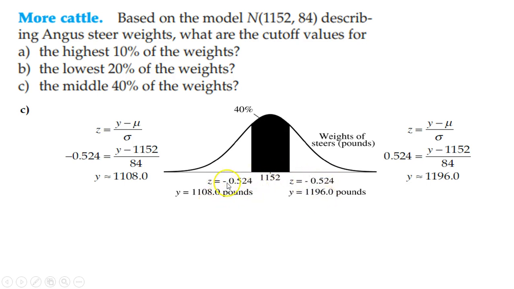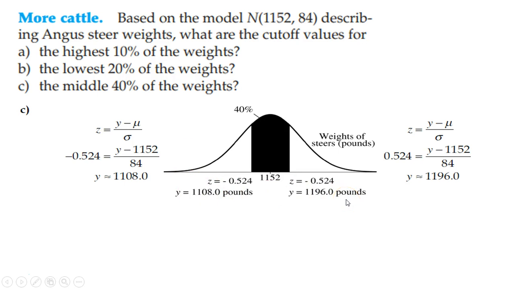But you can do this all in one step without figuring out what the z-scores are, because technically what you can do is, if you went to second vars and then you typed in inverse norm, and we typed in the 0.3, comma, 1152, comma, 84 for our standard deviation, I get 1107.9, which is basically 1108.